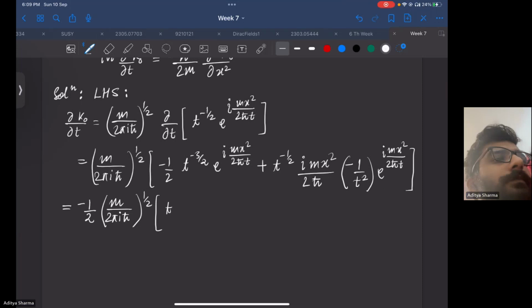So let's bring this out. I'll put one t from here, and the other t is just t to the power 1, which will give t to the power minus 3 by 2, which is again 1 by t root t.